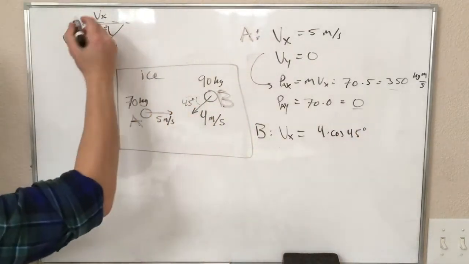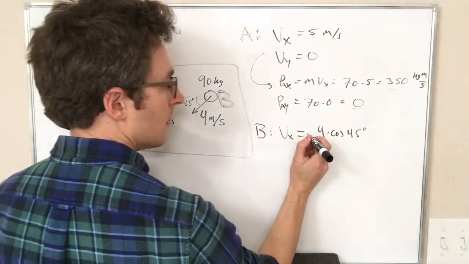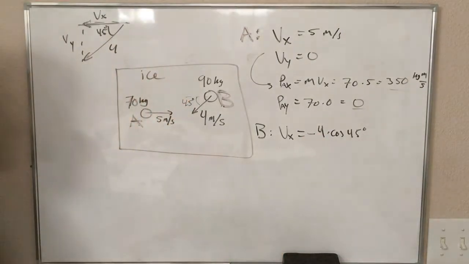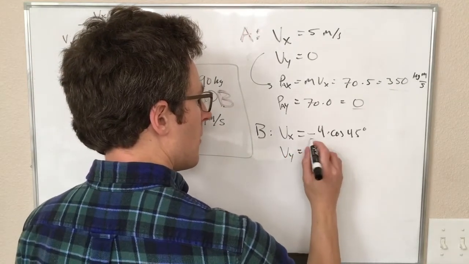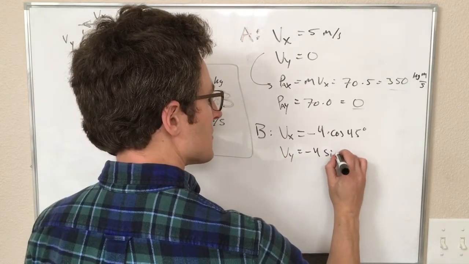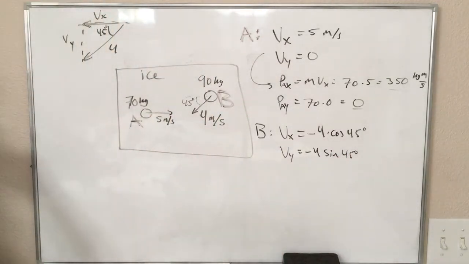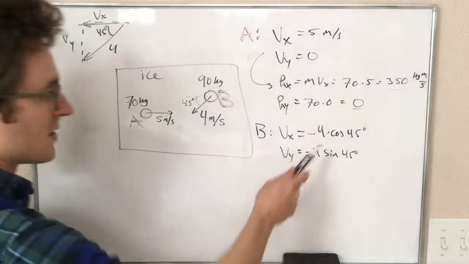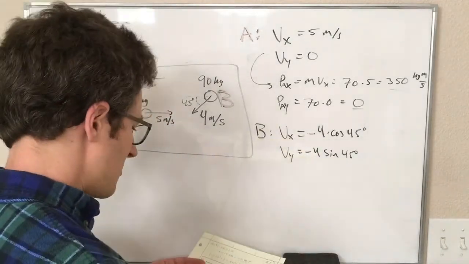And our x velocity is to the left here, which means we need a minus sign. Vy is going to be minus 4 times the sine of 45 degrees. So this is also in the negative direction. And of course, the cosine and sine of 45 degrees are the same, so we're going to end up with the same numbers for these.